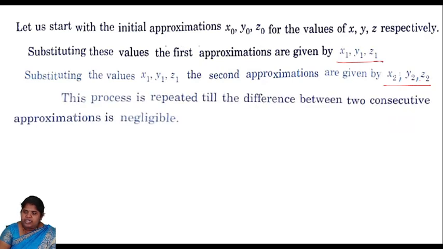The process is repeated till the difference between two approximations is negligible, that is, the 6th and 7th approximations or the 4th and 5th approximations are approximately equal, nearly equal. When we get nearer values, we can stop the approximation.